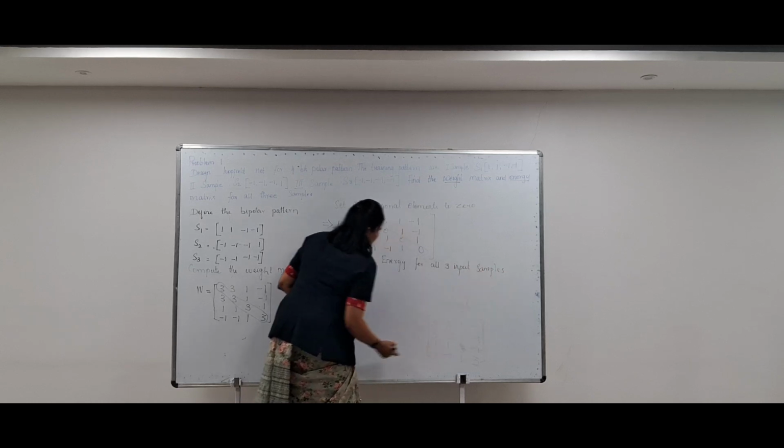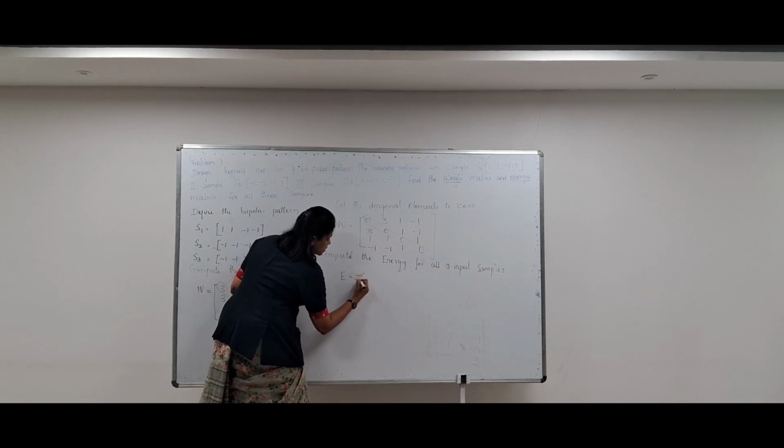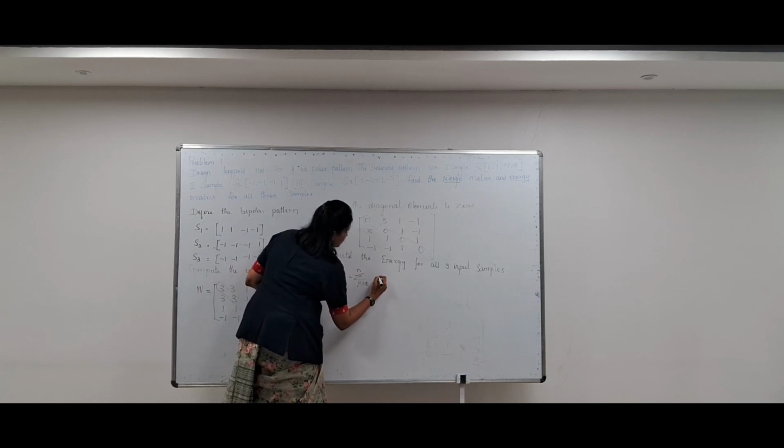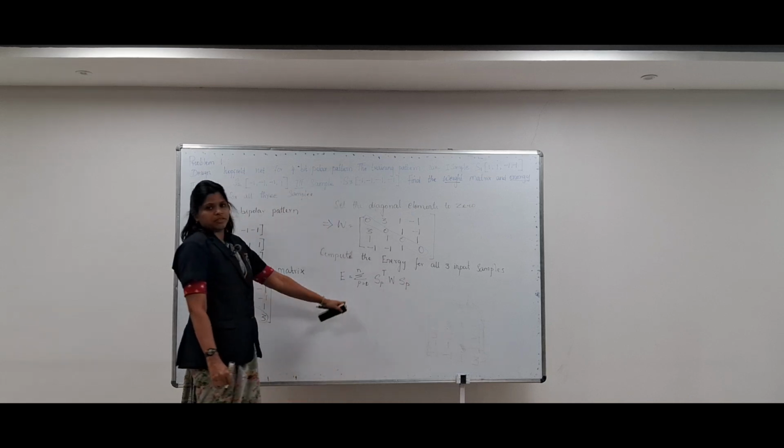So what is the formula? E is equal to, energy is equal to, sigma P is equal to 0 to N, S transpose into W into S of P. So this is the formula.